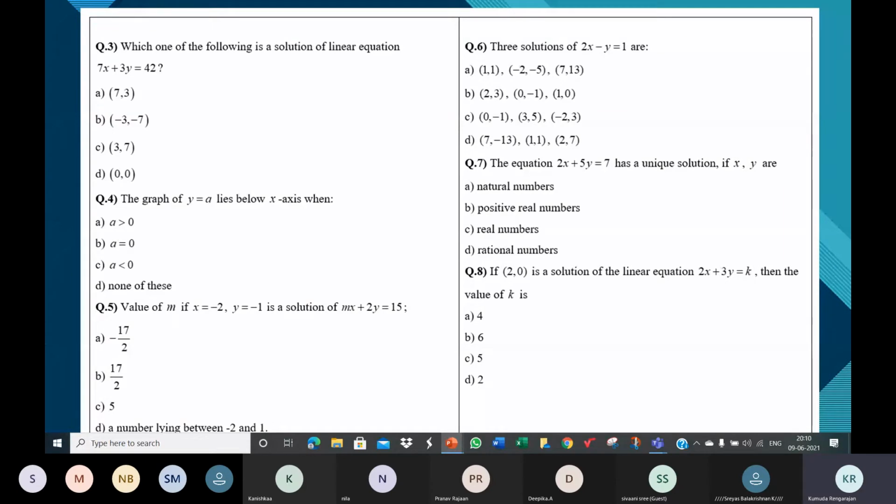Against each option in question number 6, we have 3 points. We'll have to check. So if you say A is the correct option, then all the 3 points in A, that is 1, 1; minus 2, minus 5; and 7, 13 must satisfy the given equation.